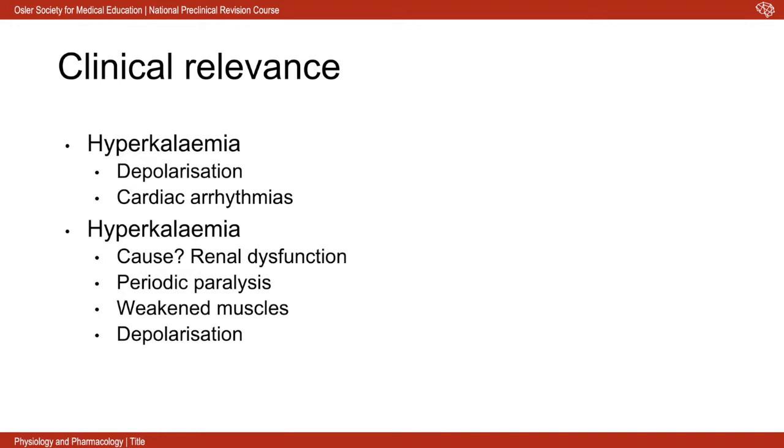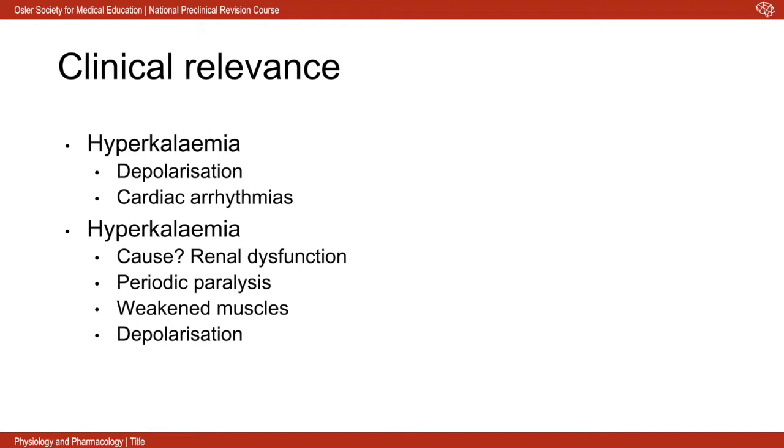An increase in potassium extracellularly, known as hyperkalemia, will reduce the concentration gradient for it to be expelled from the cell during efflux, and therefore there will be more positively charged cations inside the cell, and therefore depolarization will occur because of this hyperkalemia.